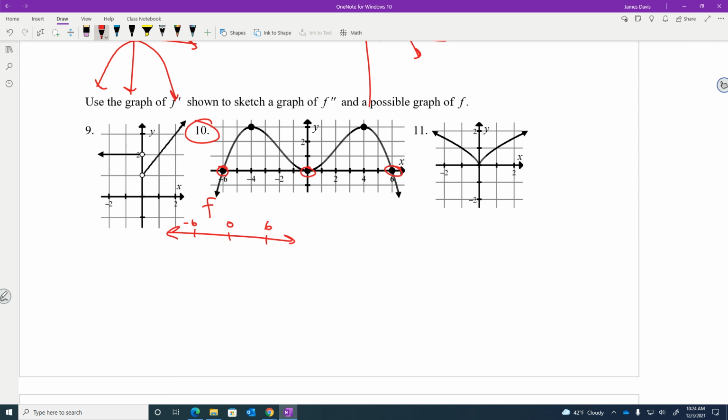Less than -6, it's negative, so that'd be decreasing. Between -6 and 0, it's positive, so that's increasing. 0 to 6, positive, increasing. 6 beyond, negative, decreasing. So this is going to be a min, and here's a max.